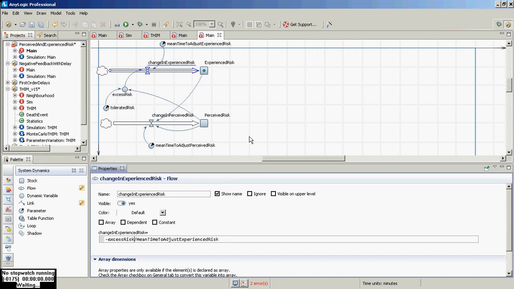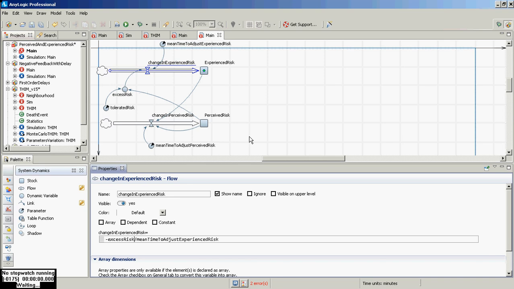Now, for this sort of model, what do we have in terms of loops? Well, we have two negative loops within perception. Then there's a coupling between them.